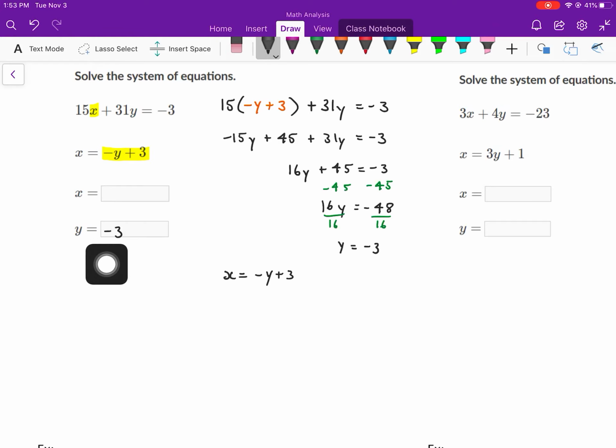And y equals negative 3. And 3 plus 3 is 6. So that's the idea of substitution. We can go through one more example.